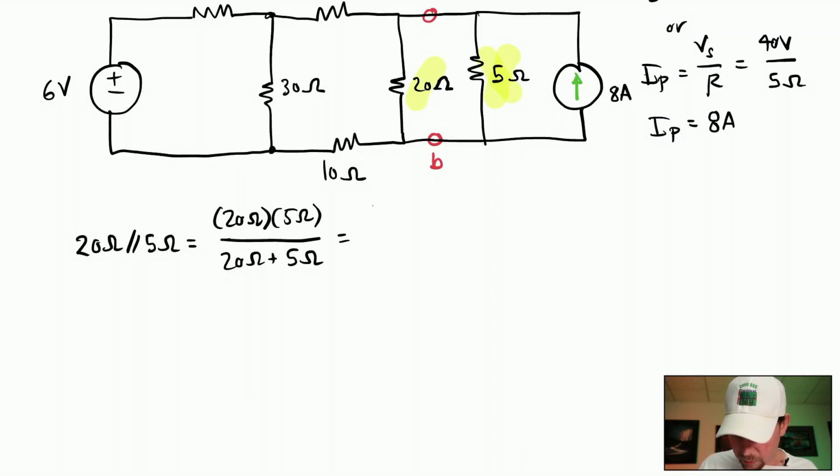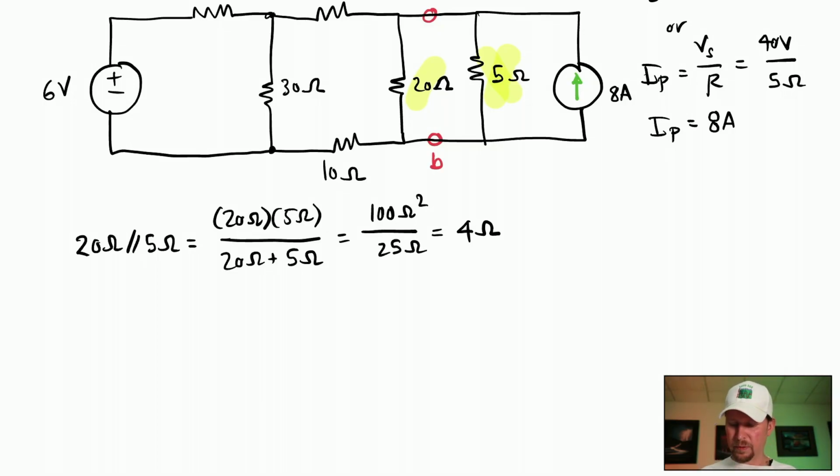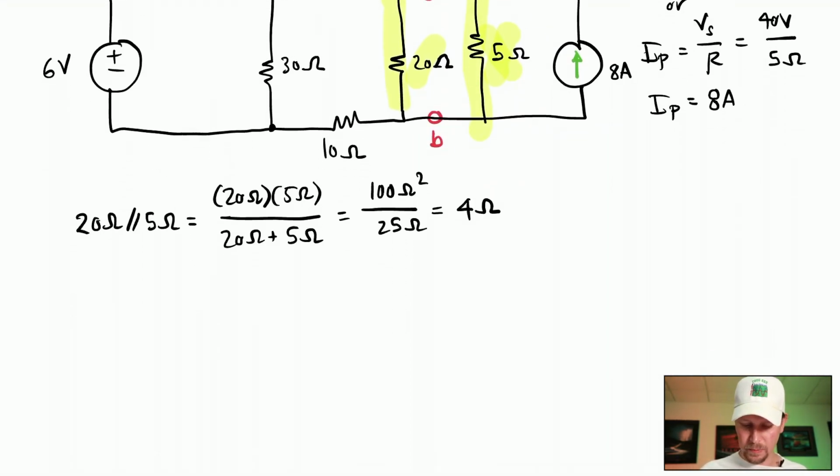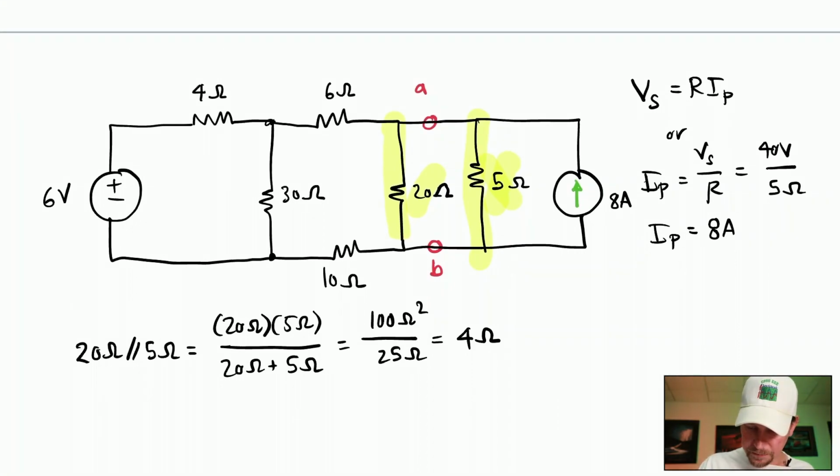On top we have 100 ohms squared. On the bottom we have 25 ohms, which if you calculate out gives you a total of 4 ohms. So I can replace that entire section, this resistor and that resistor, with one equivalent one with 4 ohms.